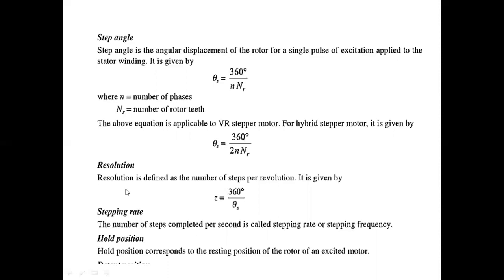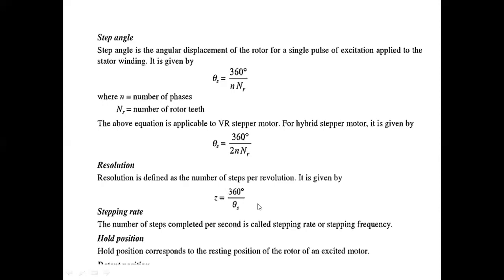Therefore, the number of steps required for a 60 degree step angle motor is 6. That is nothing but the resolution. Resolution is defined as the number of steps per revolution. How many steps are needed for the complete revolution of 360 degrees? That is 360 by 60, we get 6. That is the resolution.